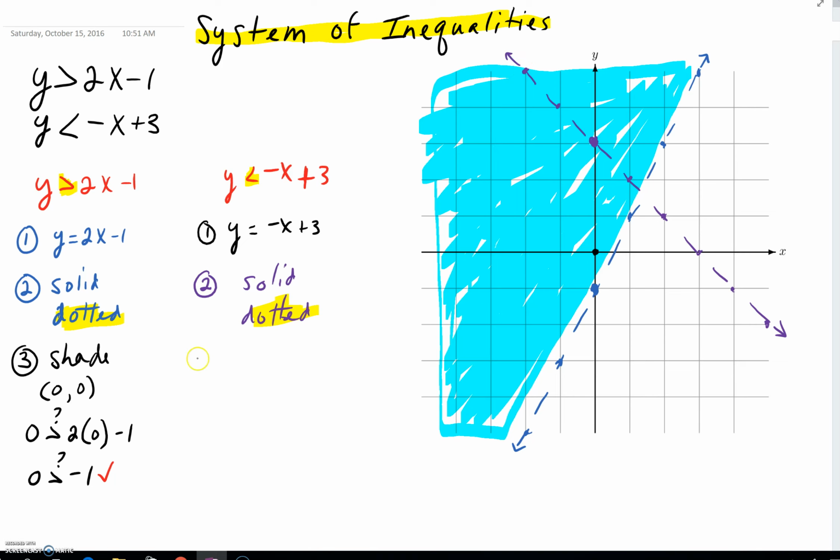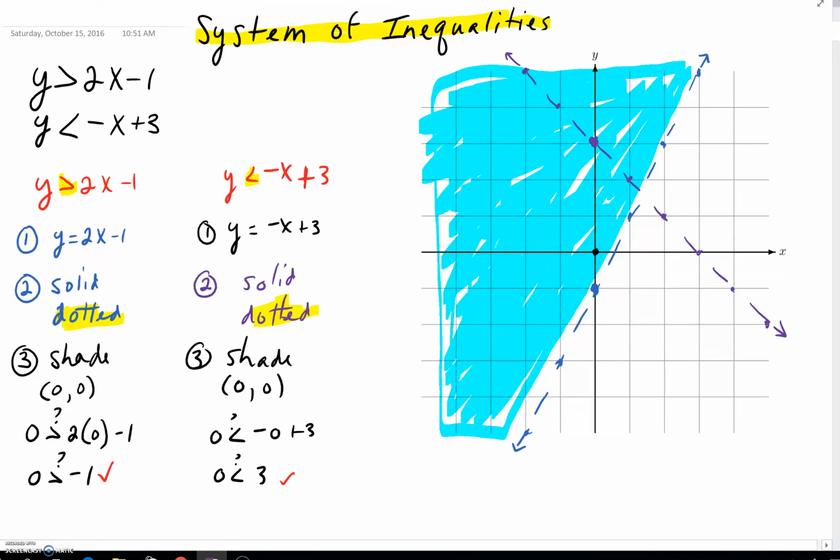And then same thing that we did last, we need to shade our region. And how do we know where to shade? We're going to pick a point. Since 0, 0 does not fall on our boundary line, we'll use that same point. And we're going to plug it into our inequality. And then we ask ourselves, is 0 less than negative 0 plus 3? So is 0 less than 3? And that is true. That is yes.